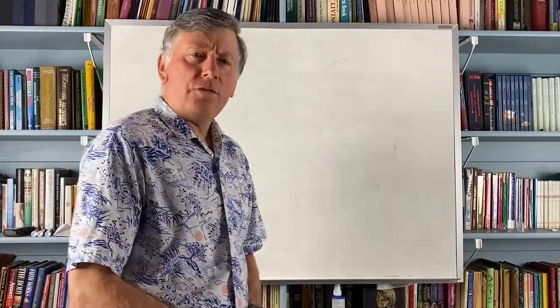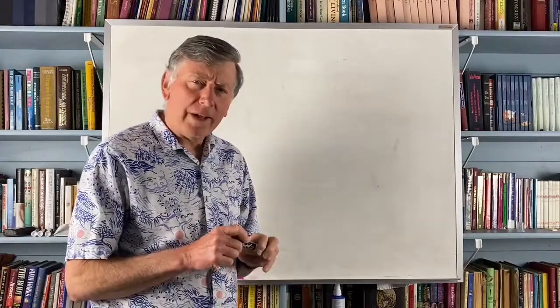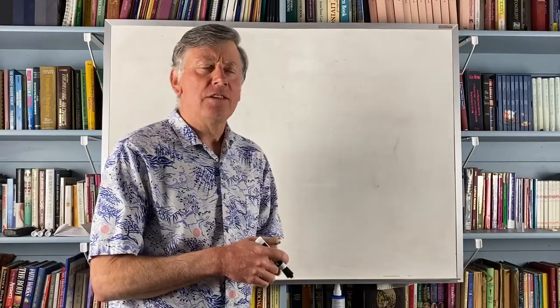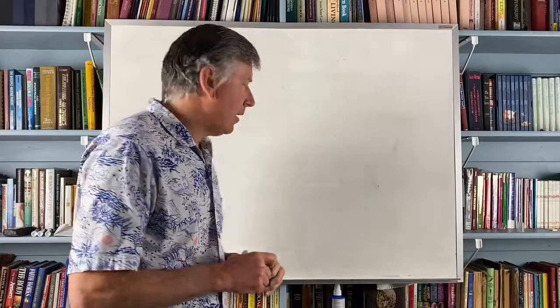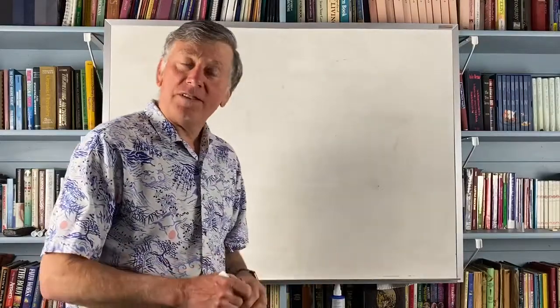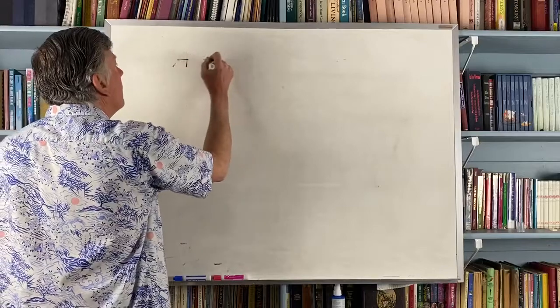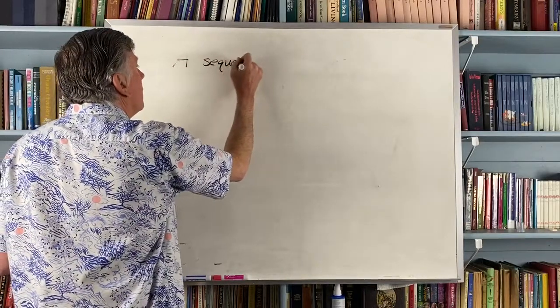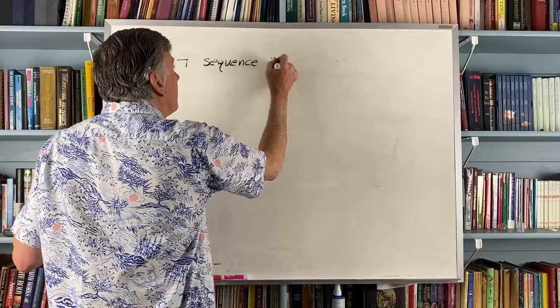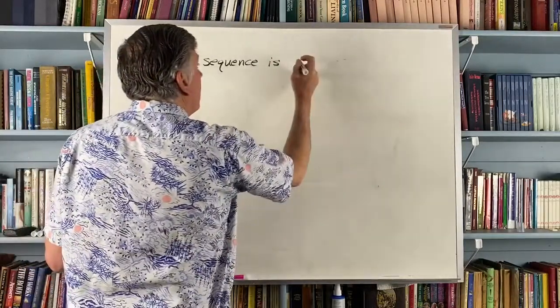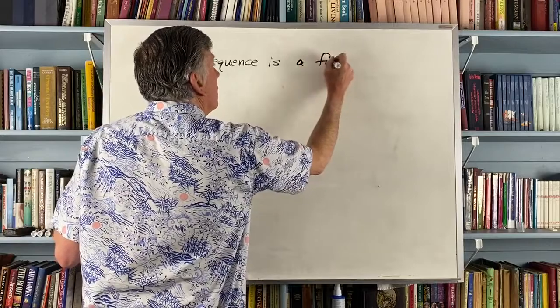Okay, in this first segment on chapter 12, where we talk about sequences and series and summations and things like that, we're going to first define what a sequence is. And a sequence is a function.